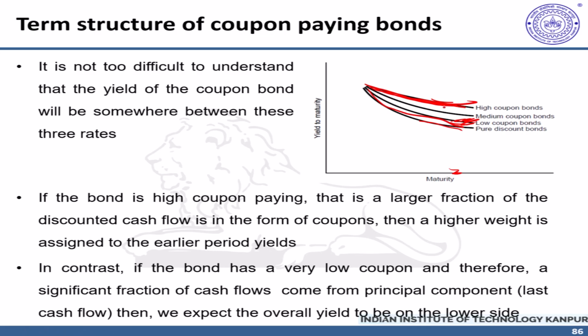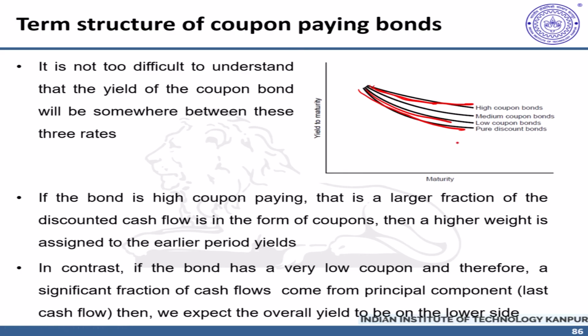To conclude, if one assumes a falling term structure of interest rate, then the profile of high coupon paying bonds relative to low coupon paying bonds would appear like this. The high coupon paying bonds would be higher in terms of interest rates or yield to maturity as compared to pure discount bonds, which are closer to low coupon paying bonds.